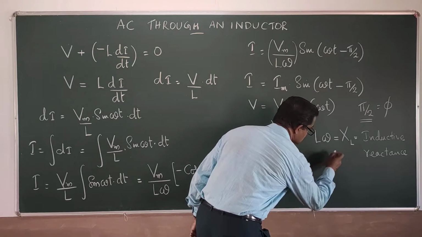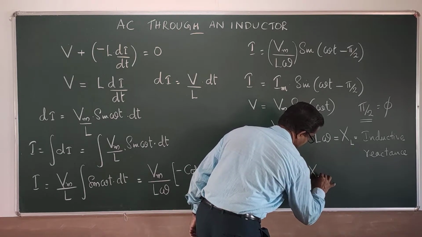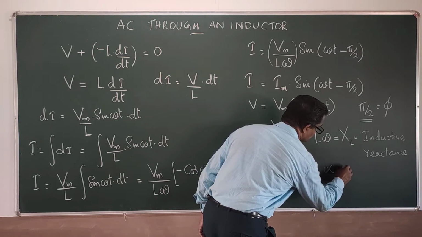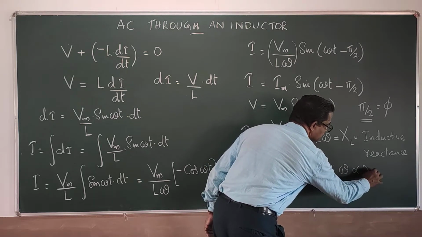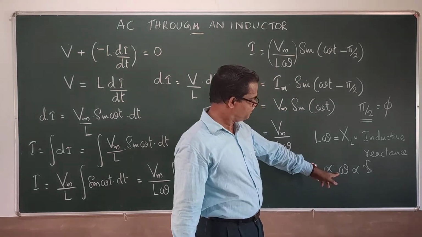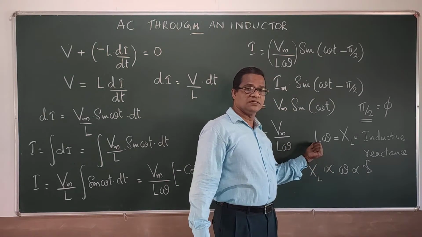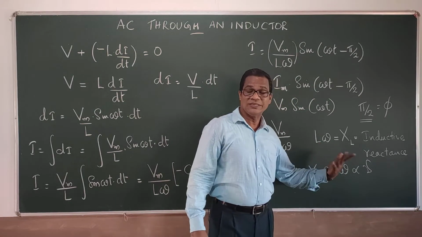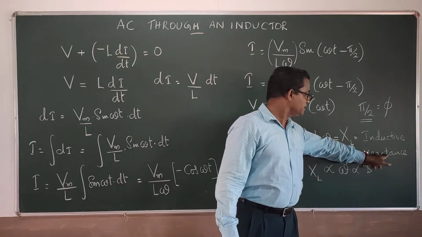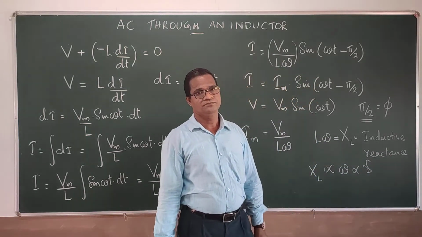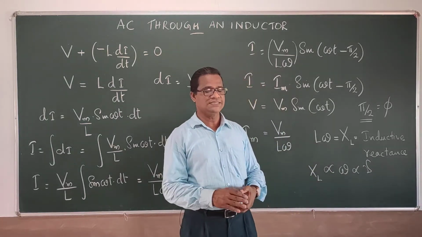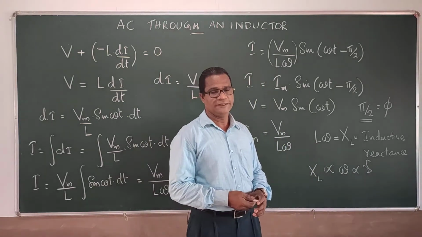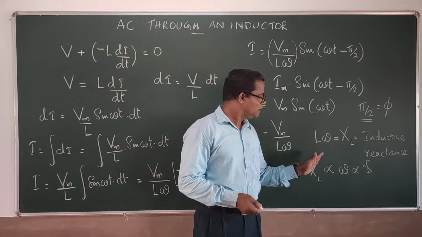Remember, this inductive reactance XL is directly proportional to omega, or directly proportional to the frequency of the AC. So for a given inductor, as the AC frequency changes, the reactance changes. The unit of reactance is the same as that of resistance, ohm. Understood this much?